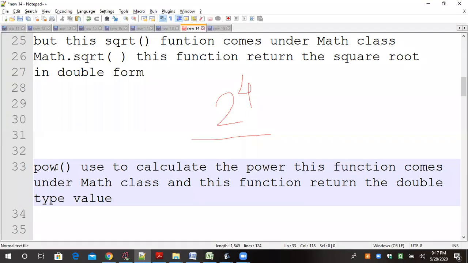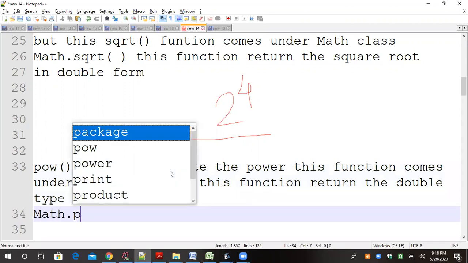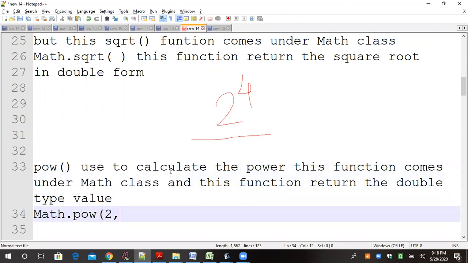All right. So suppose I want to calculate 2 to the power 4. Then simply we can write math.pow 2, 4. Here 2 is the base and 4 is the power. So internally it will calculate like that 2 to the power 4. Now how much answer will be calculated? 16. In this manner.